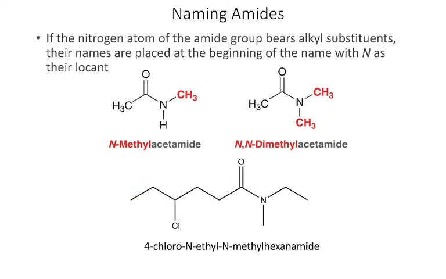The base name is going to be hexanamide, and then I just need to give the substituents. I have a chloro, a methyl, and an ethyl. Alphabetically, the chloro comes first. That position, because it's on a carbon, is 1, 2, 3, 4, so I have 4-chloro. The position of both the methyl and the ethyl are the nitrogen. Ethyl comes alphabetically before methyl, so 4-chloro, N-ethyl, N-methyl hexanamide.